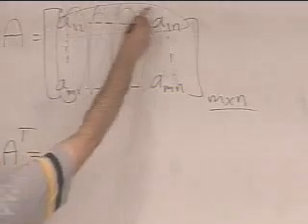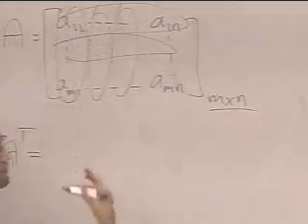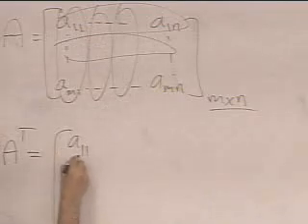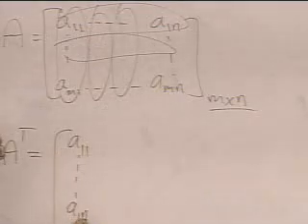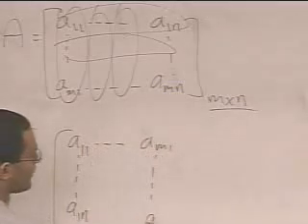Now, we define something called the transpose of a matrix, which is: take this row, make it a column. Take the second row, make it the second column. So the transpose will be written from A11 to A1n, and this goes to Am1 to Amn.